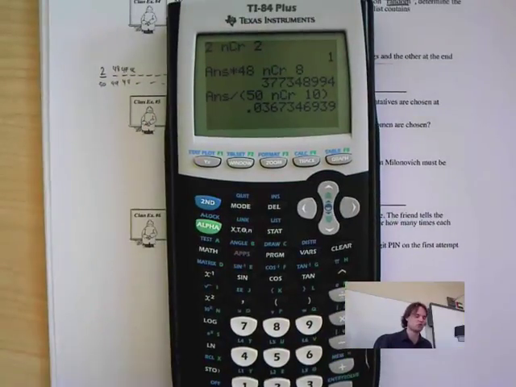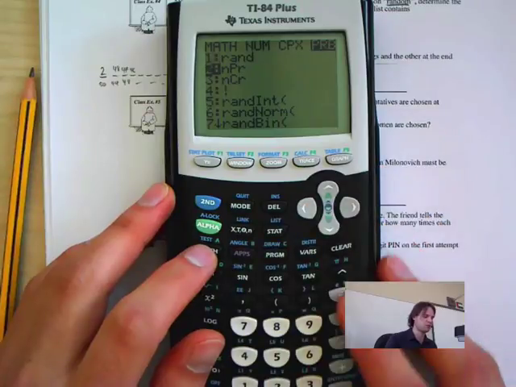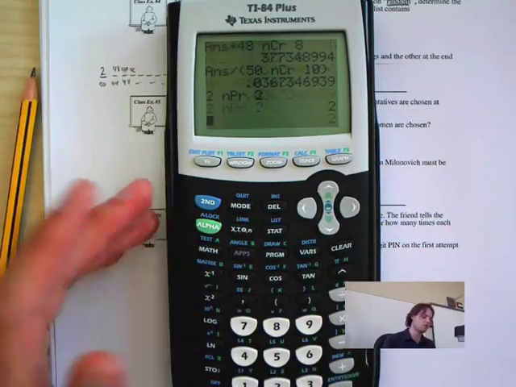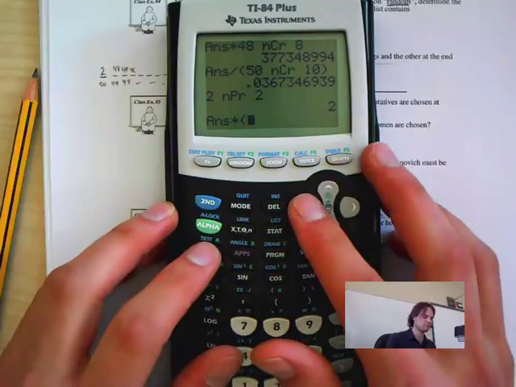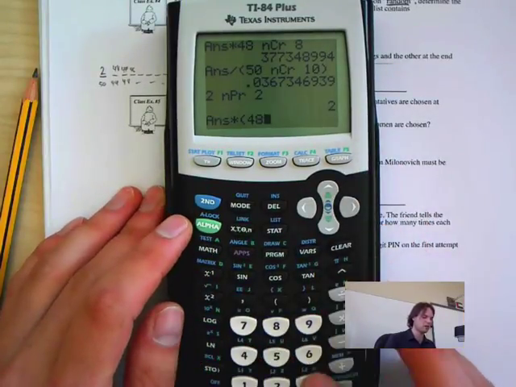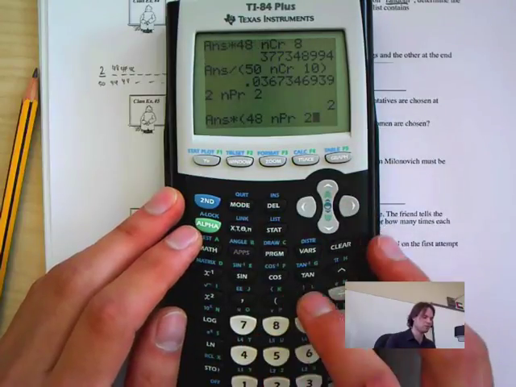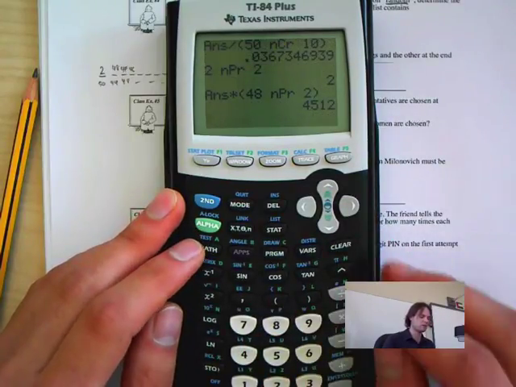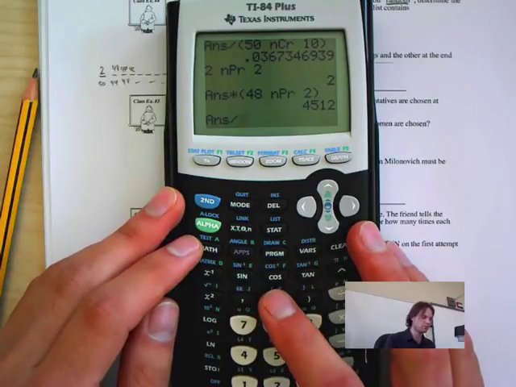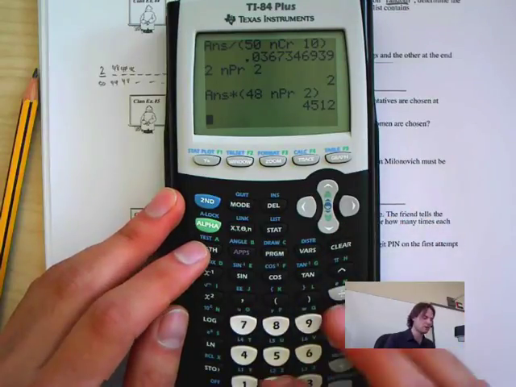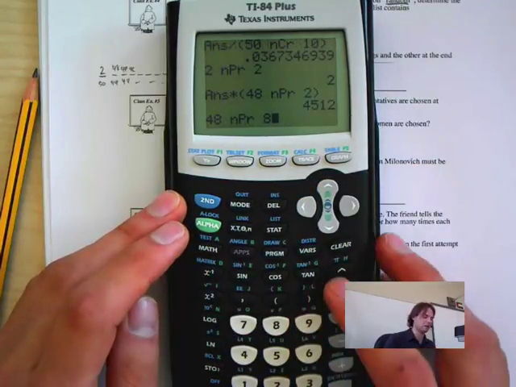So once again, take our trusty calculator, we go to math, permutation, enter, which gives us 2 multiplied by 48, math, permutation 2, enter. And then we have to divide that all by, oops, I made a mistake. It's 48 math, and we have to go permutation 8.